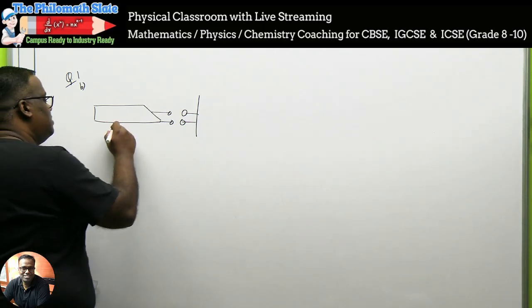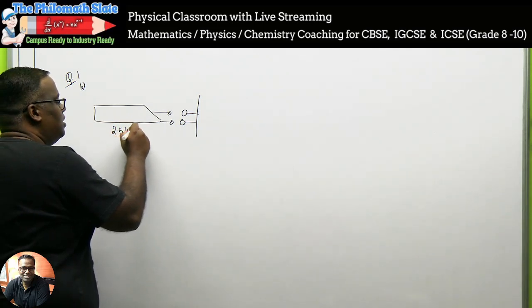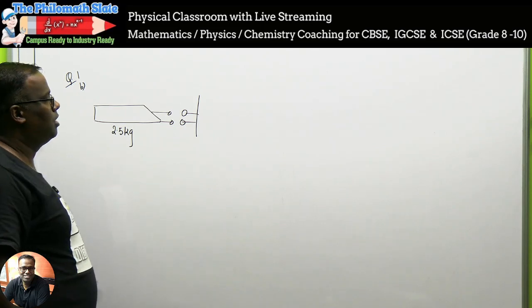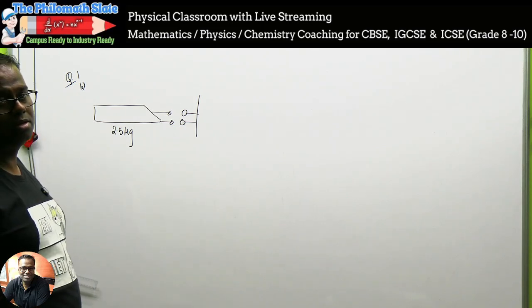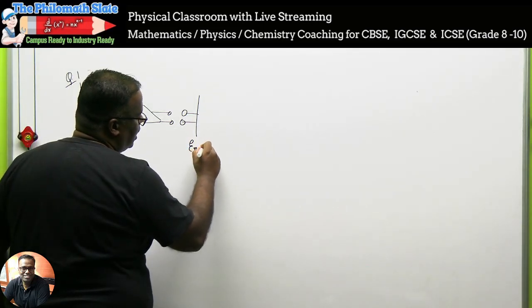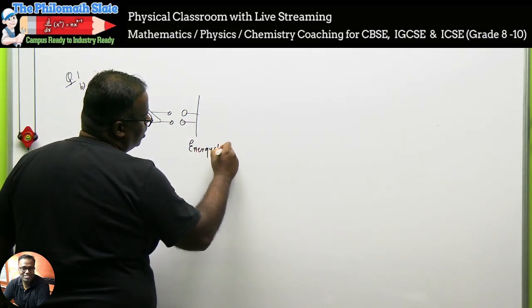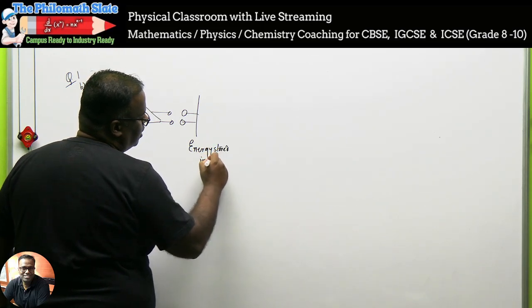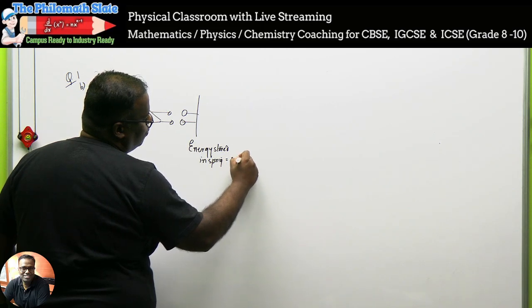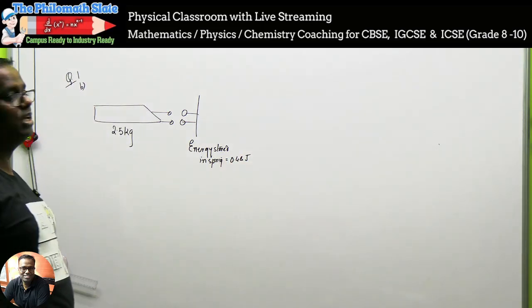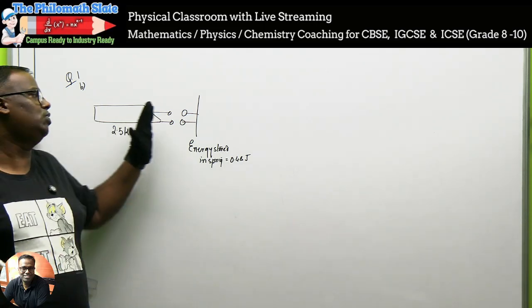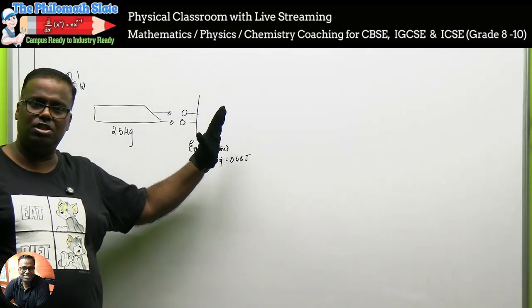the train is having a mass of 2.5 kg. The energy stored in the spring, how much is it? 0.48 joules. After the train has stopped, try to understand, the train is going to hit the buffer and compress the buffer.